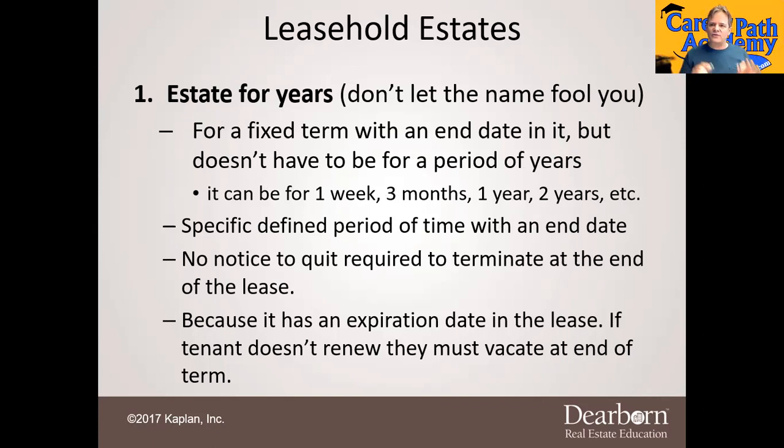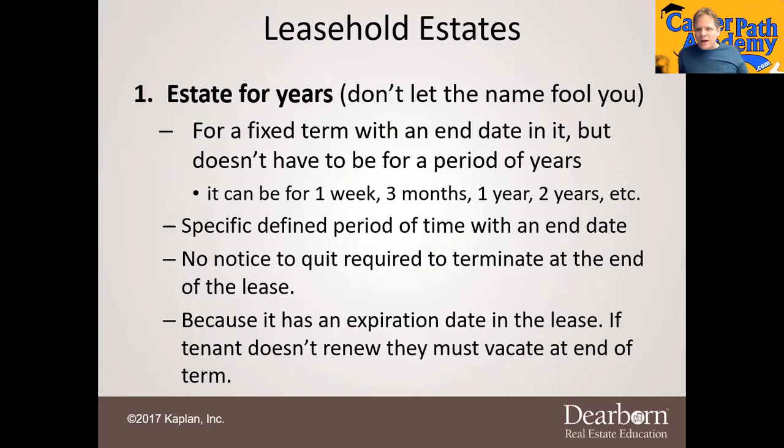The key characteristic for an estate for years is that it has an end date. It's for a fixed period of time. If I say you got a 2-year lease, what kind of lease is it? Estate for years. You know it ends in 2 years. So no notice to quit is required at the end of the lease term.